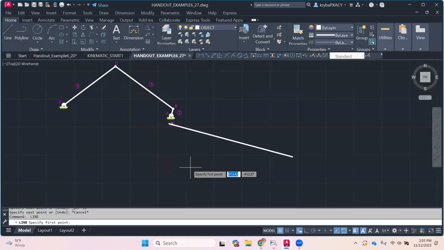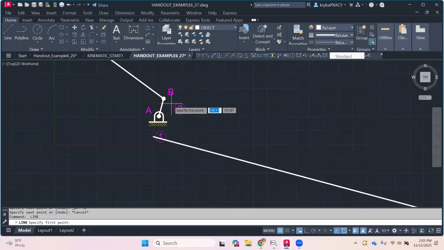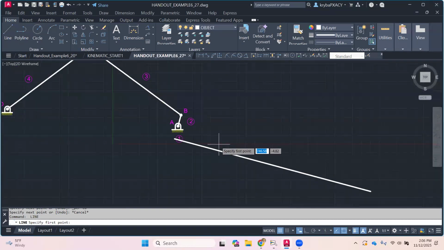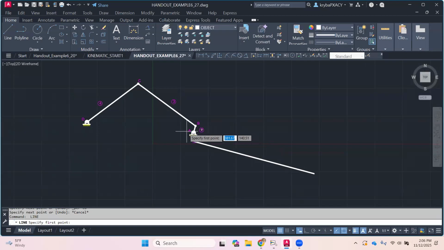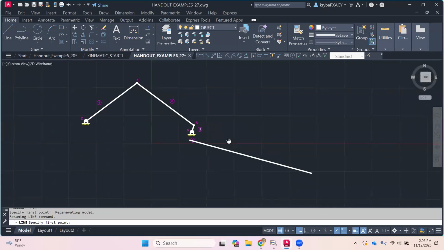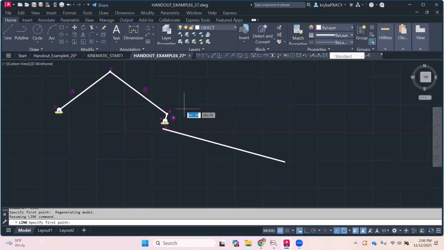So my line, even though it doesn't have to intersect, just has to be perpendicular to link number 2. Okay, so now this is just the direction of the vector.